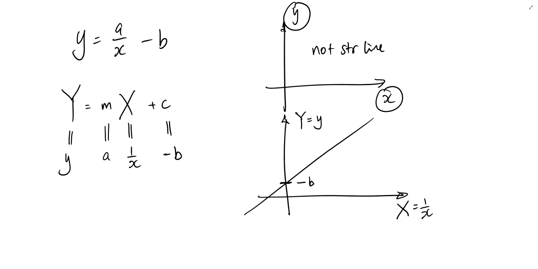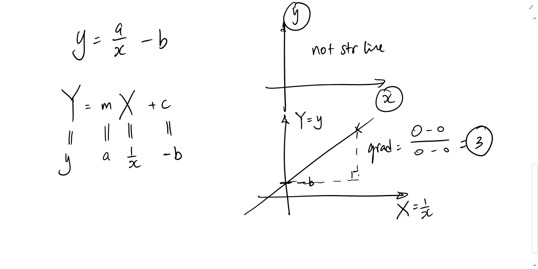So now if I do have a straight line, I will be able to find the gradient. Maybe I have another point over here. Together with the vertical axis intercept, once I find the gradient, m equals gradient equals something minus something over something minus something. Let's say I get a value of 3. What does this 3 represent?